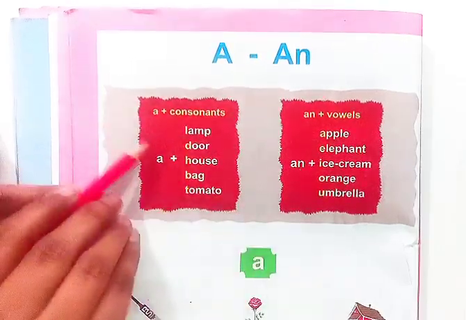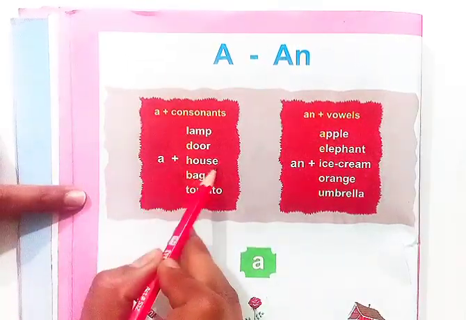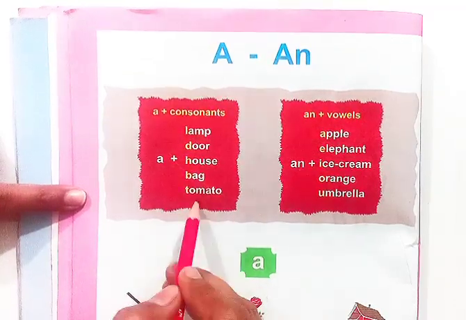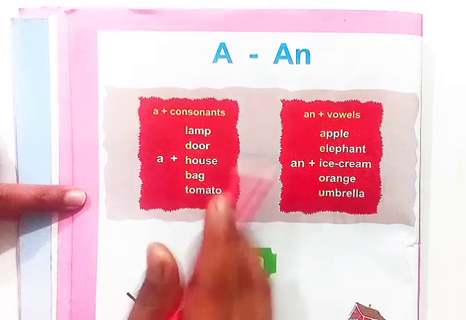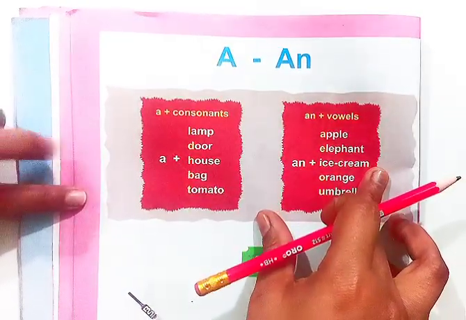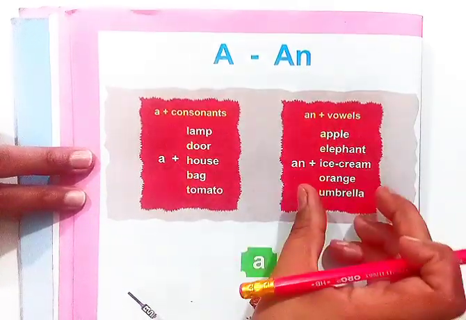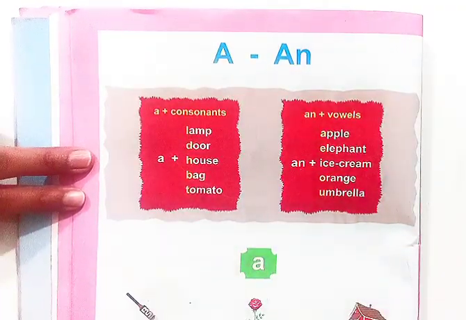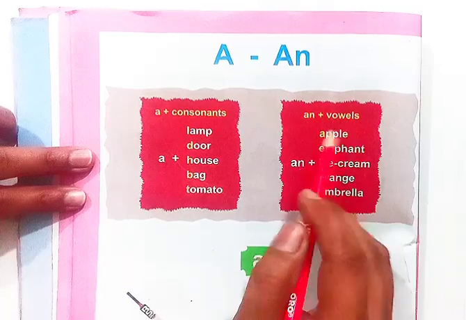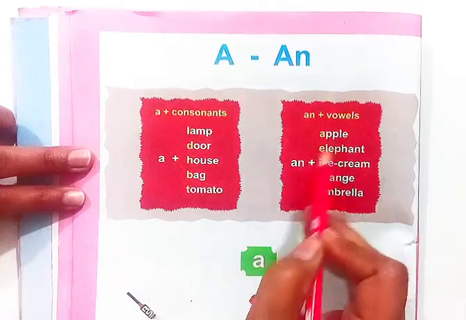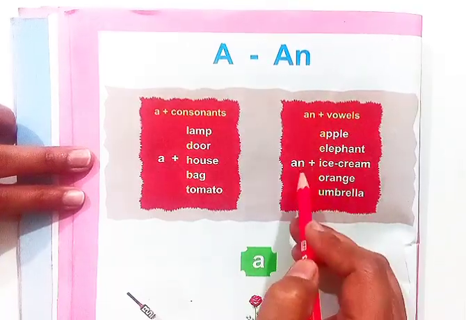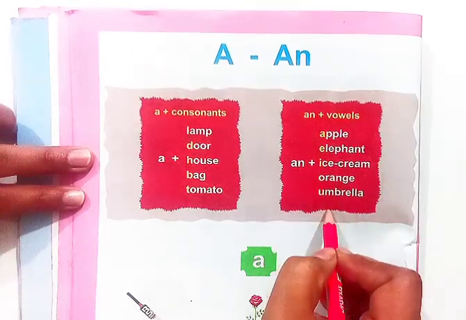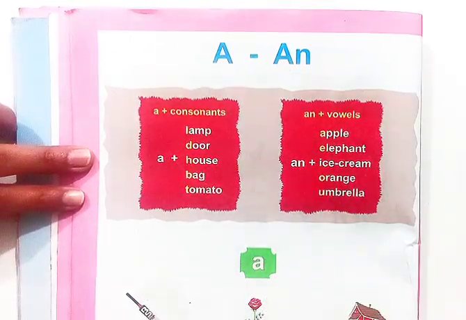A lamp, a door, a house, a bag, a tomato. Now these are vowel letters, as the first letters of these words are vowels. An apple, an elephant, an ice cream, an orange, an umbrella.